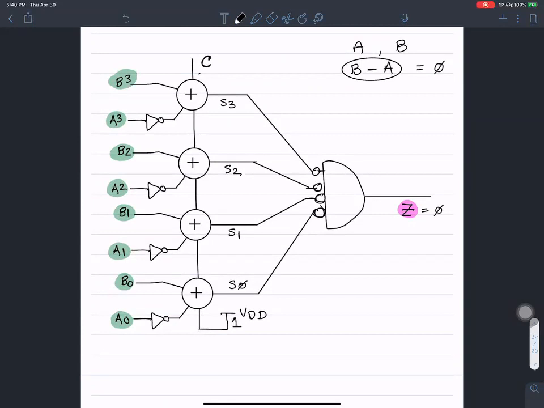What is that? I start with A3, A2, A1, and A0, and then I'm passing them through an inverter. Each of these bits, through a bitwise inverter, produces A3 complement, A2 complement, A1 complement, and A0 complement. What is this?